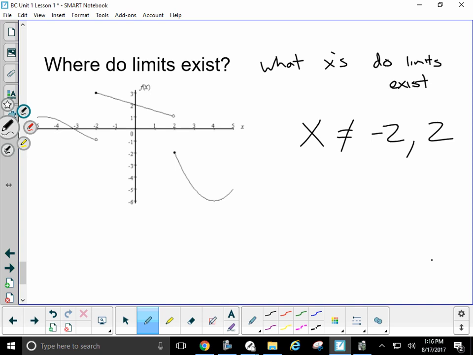Let's just practice really quickly. Tell me the limit as x approaches -2 from the left and x approaches -2 from the right. Check that with your neighbor.